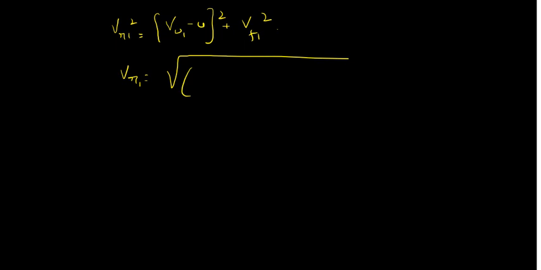Now, how to find the value of VR1 square? VR1 square equals (VW1 minus U) whole square plus VF1 square. You can recollect what we have done in the impulse turbine, with the same expression, same relations, same derivations, right? VR1 equals the square root of (V1 cos alpha minus U) whole square plus V1 square sine square alpha, right?